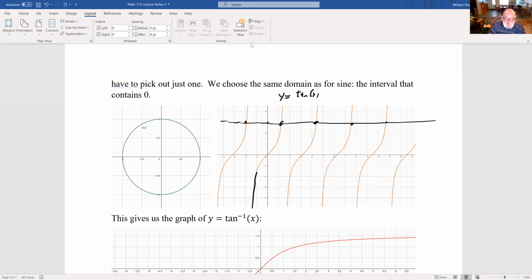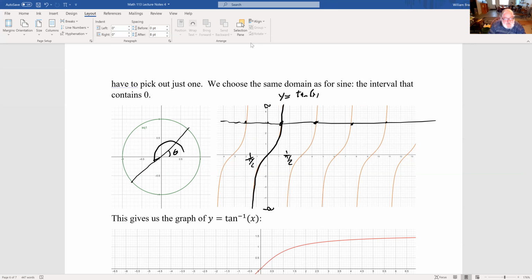And so we're going to take this one, right, which runs from minus pi over 2 to pi over 2 as its domain, and minus infinity to infinity as its range. And so again, if you think about tangent, right, if I draw a line like that, that angle and this angle have the same tangent, right?